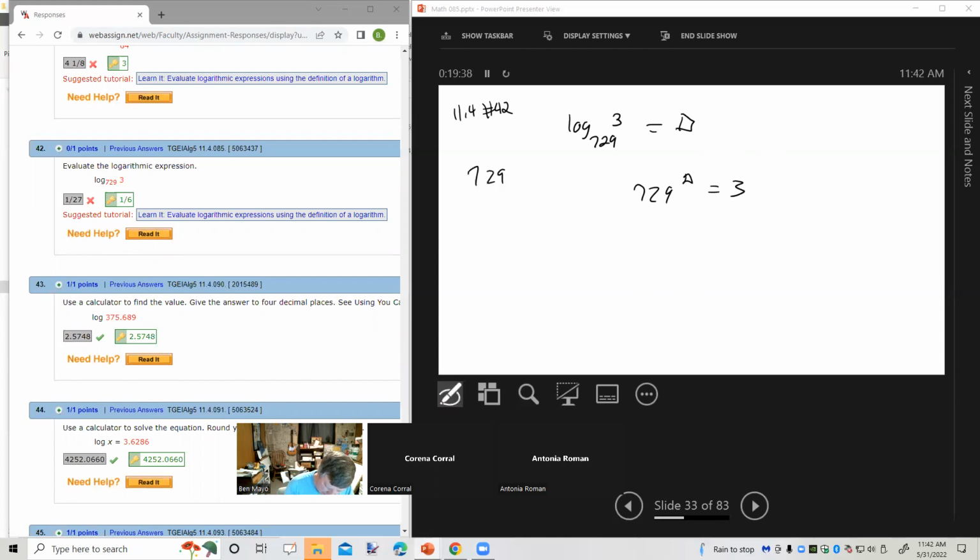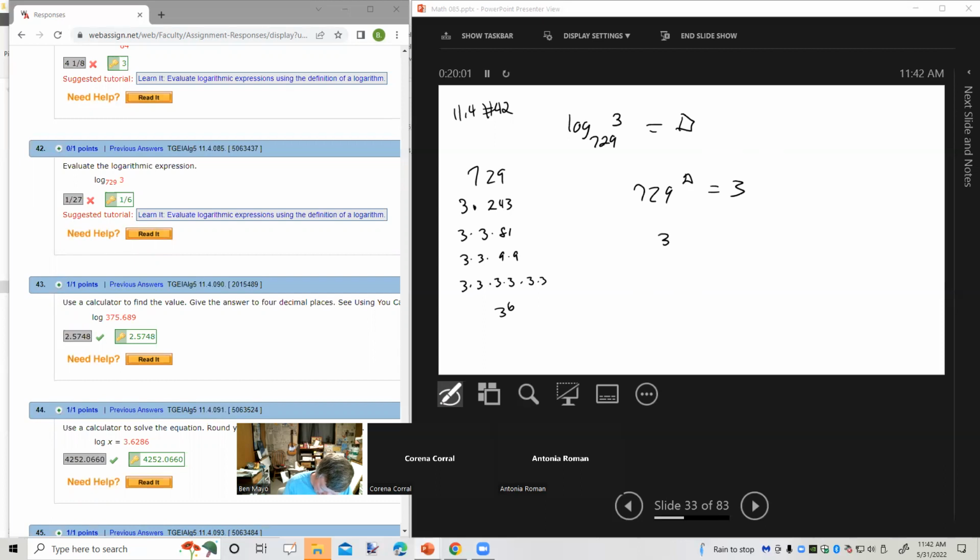So 729, let's see here, that's 3 times. 729 divided by 3 is 243, which is 3 times 3 times 81, which is 3 times 3 times 9 times 9, which is 3 times 3 times 3 times 3 times 3 times 3, which is 3 to the 6th power.